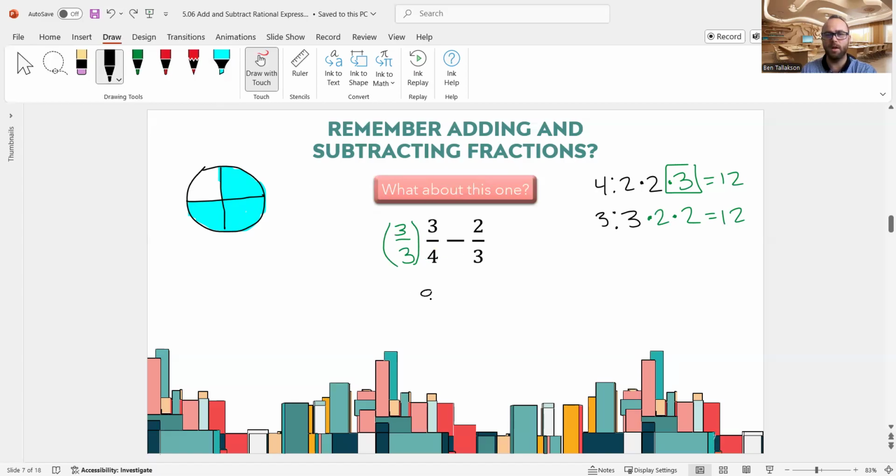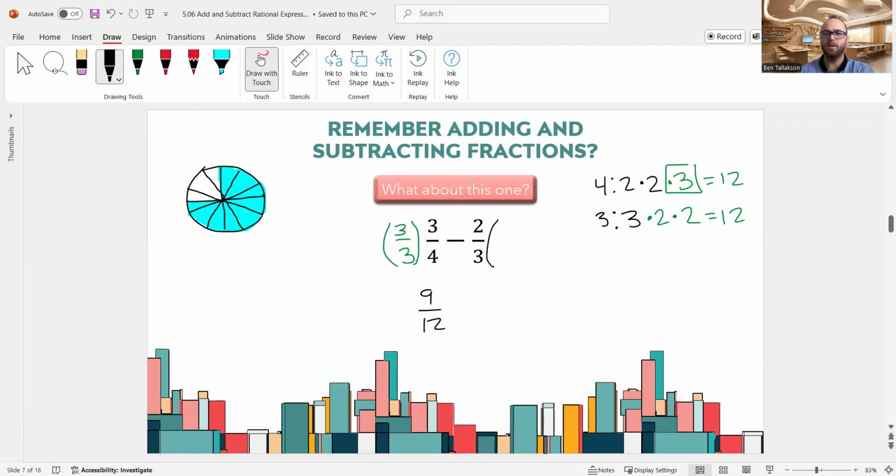Well, it would become 9/12, right? There we have 9/12. Interesting. You see what I mean? There's still the same ratio. The numbers are just bigger. So that's a little refresher on why we multiply by a fancy form of 1.